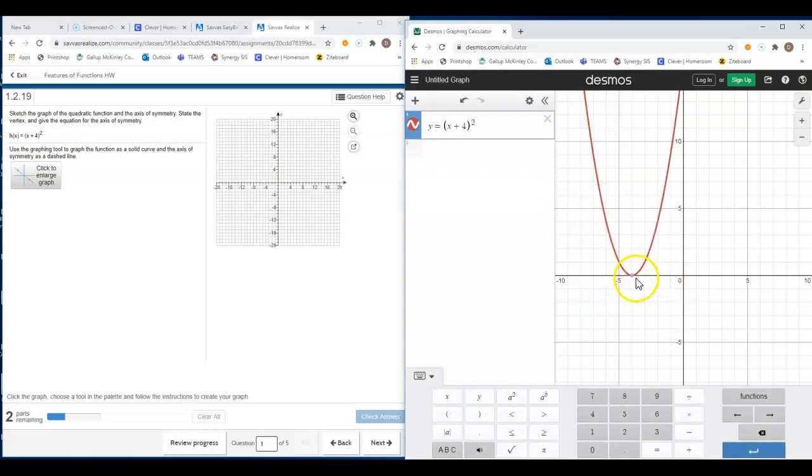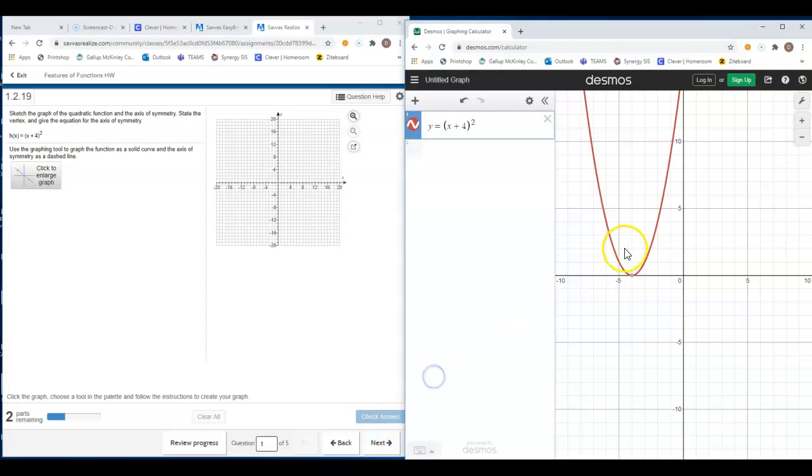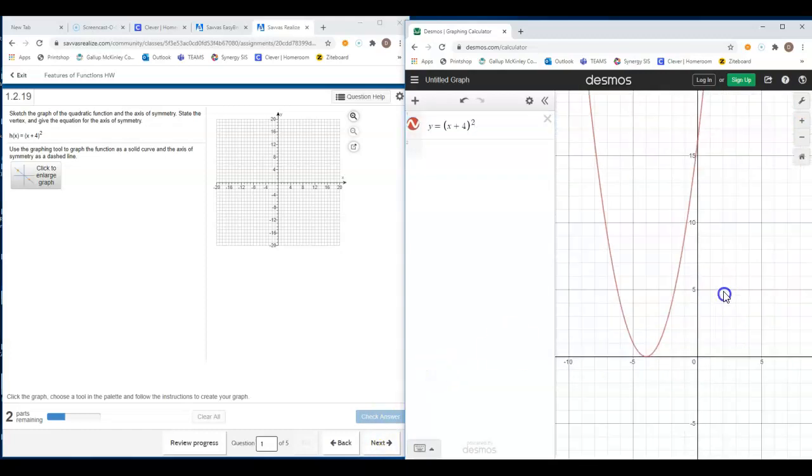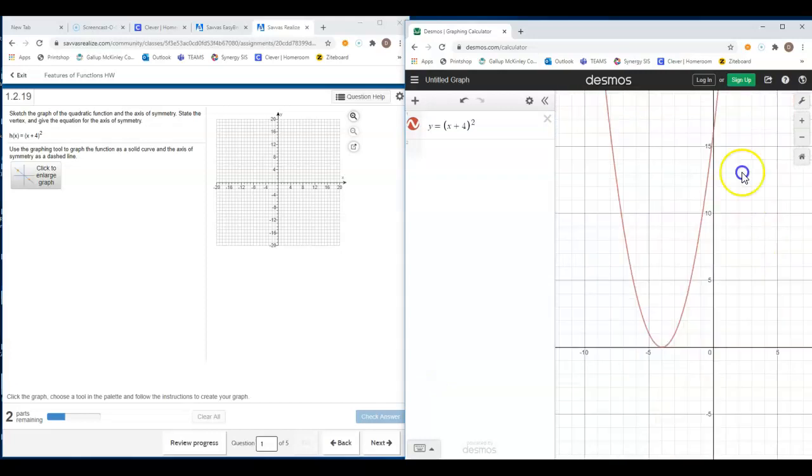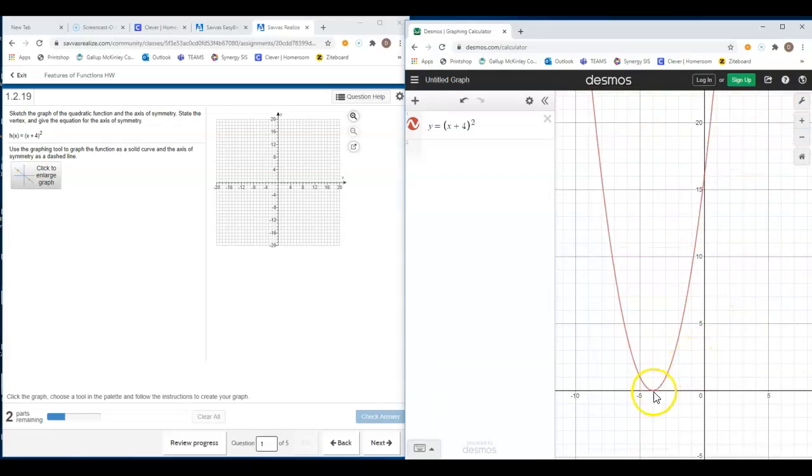Now I've got all these reference points, and remember we talked about our features of functions. What's really cool is I can move the Desmos graph by just clicking on it and moving it. The really important things about a parabola are its vertex and intercepts.